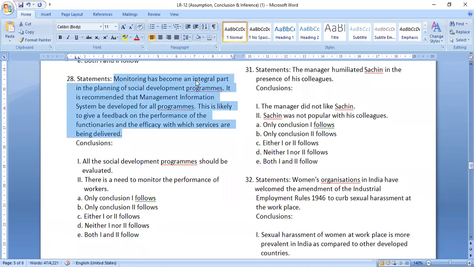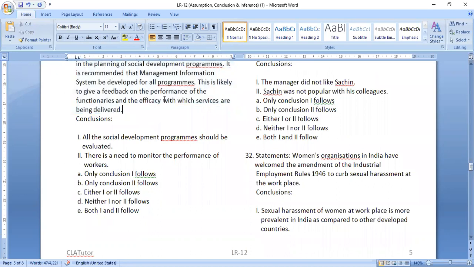It says that monitoring has become an integral part in the planning of social development programs. It is recommended that management information systems be developed for all programs. So all programs should have a management information system. This is likely to give a feedback on the performance of the functionaries and the efficacy with which services are being delivered.